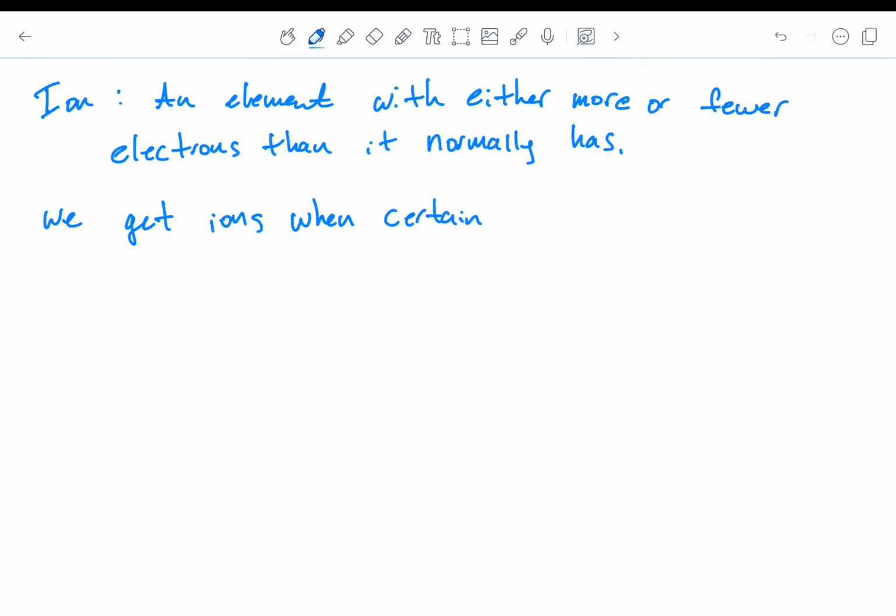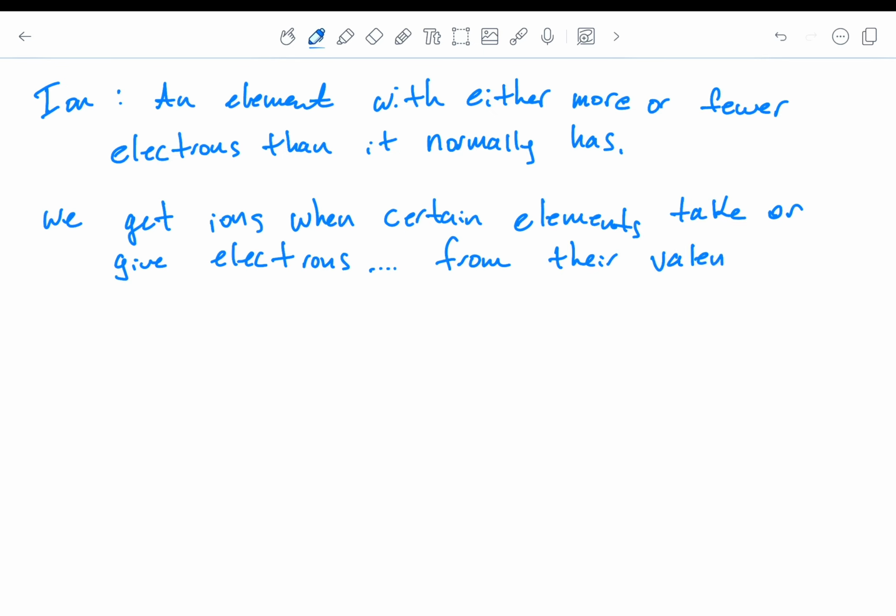So we get ions when certain elements take or give electrons, and specifically from their valence.